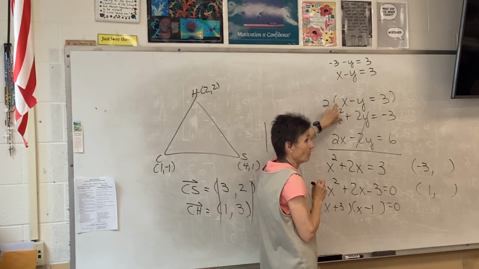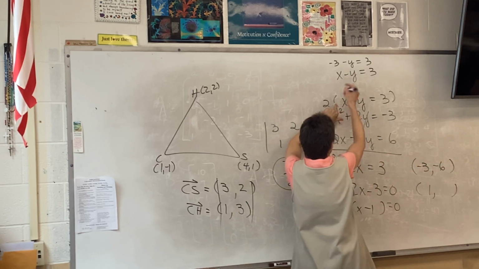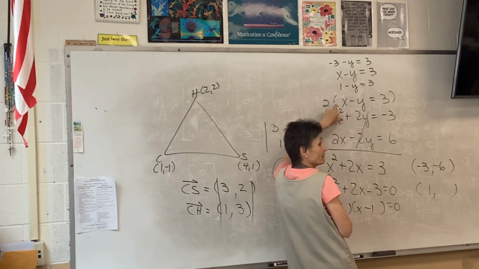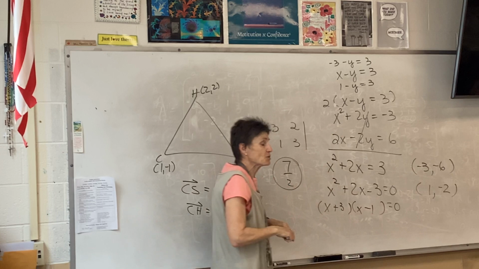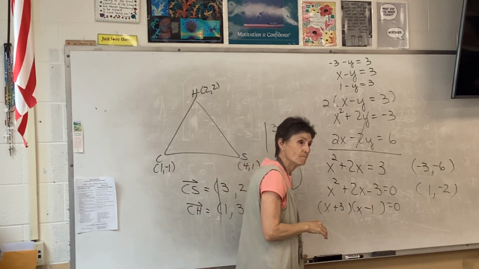Be careful. Negative 6. And if this is a 1, what does y have to be? Negative 2. Your answer to that question is going to be both of the points.